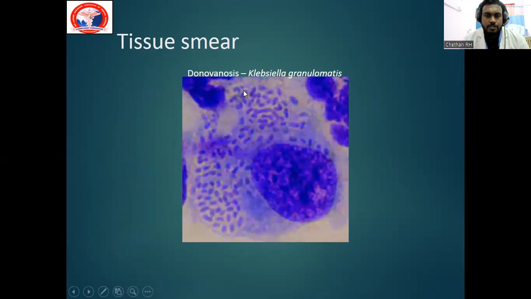So this is the tissue smear. You can see here there are multiple gram negative organisms present inside the cell. These are inclusion bodies seen in Klebsiella granulomatis, called Donovan bodies.